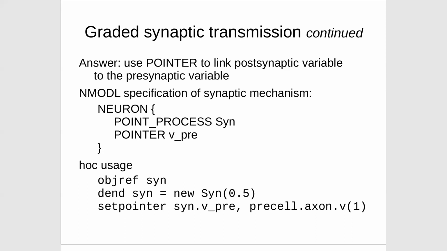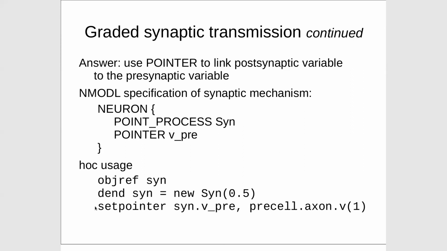That's done in NMODL, where you declare in the NEURON block that your NMODL specification of the synaptic mechanism, which is going to be attached to the postsynaptic cell, has a pointer variable. And when you set up the connectivity, you're going to need to associate that postsynaptic synapse, the thing that's attached to the postsynaptic segment, with the variable in the presynaptic compartment.